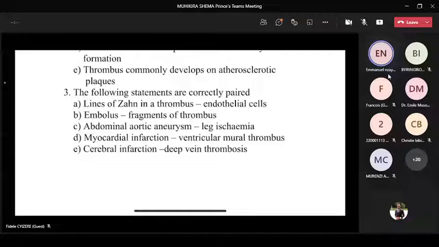It's connected. So when there is leg ischemia, most of the time it is because of atherosclerosis in the aorta. So the answer is true.